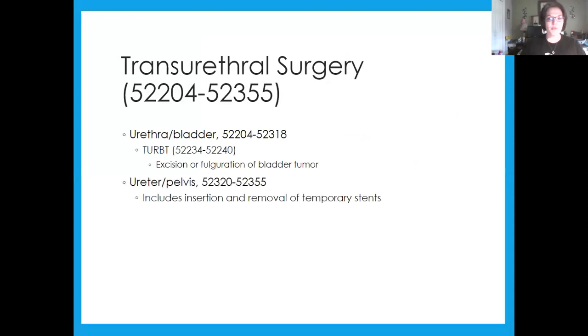Okay, transurethral surgery, 52204 through 52355, divided by codes for urethral, bladder, or ureter and pelvis. As in other areas, if a procedure starts as a diagnostic procedure and turns into a surgical procedure, the diagnostic procedure is not billed. It's bundled into the procedure.